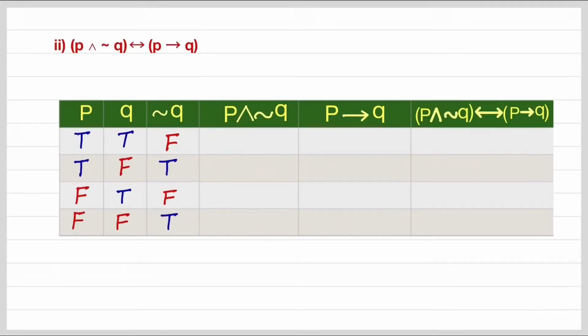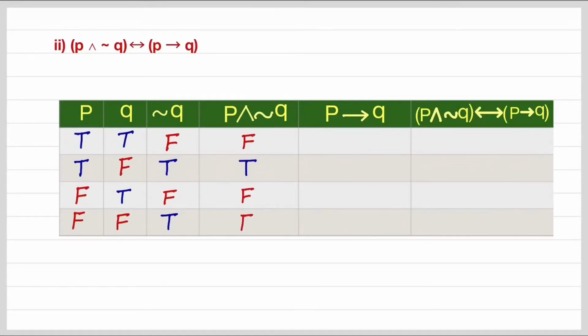Next column is conjunction of P and negation of Q. When both the statements are true, conjunction is true, otherwise it is false. See, both statements are true at second entry. Second entry is true and all other entries are false.